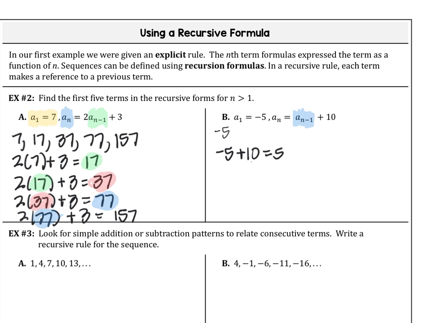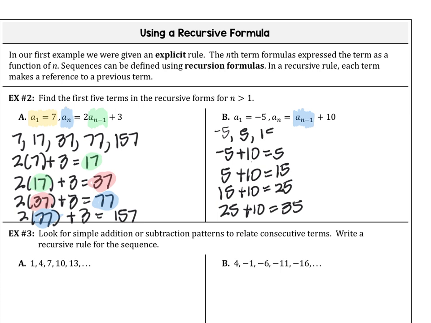So that would be 5, the next one. And then 5, add 10 more, that's 15. Add 10 more, that's 25. Add 10 more, that's 35. Okay, so we have negative 5, 5, 15, 25, 35. We almost didn't even need to write that step out, but there you have it.